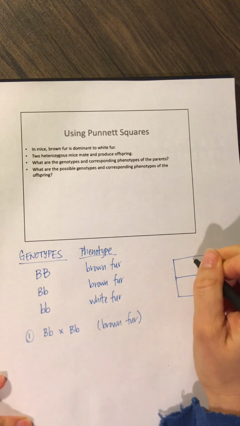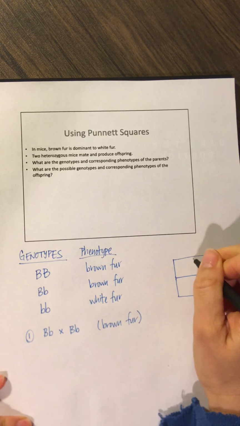Okay, and I've got the genotypes of the parents. Remember, both are heterozygotes, so both are capital B, lowercase b. And the genotypes of the parents go on the top and the left-hand side. This first quadrant will inherit a capital B from one parent and a capital B from the other parent.